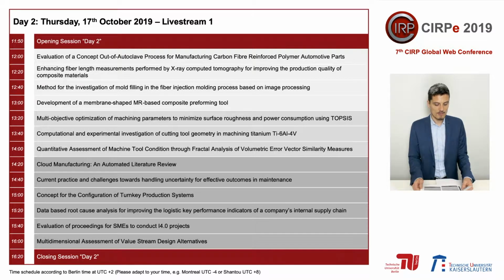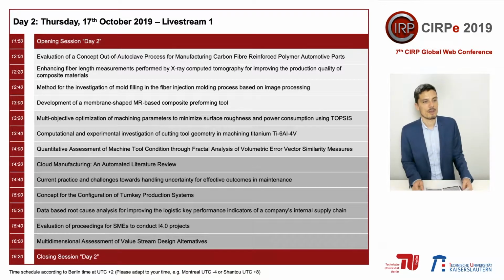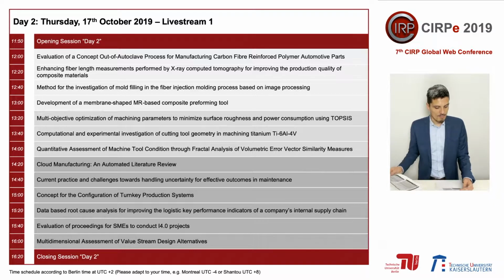And then a third paper about the investigation of mold filling and fiber injection molding based on image processing. And then afterwards there is another forming tool which is variable in its geometry from the colleagues from KU Leuven, Belgium.